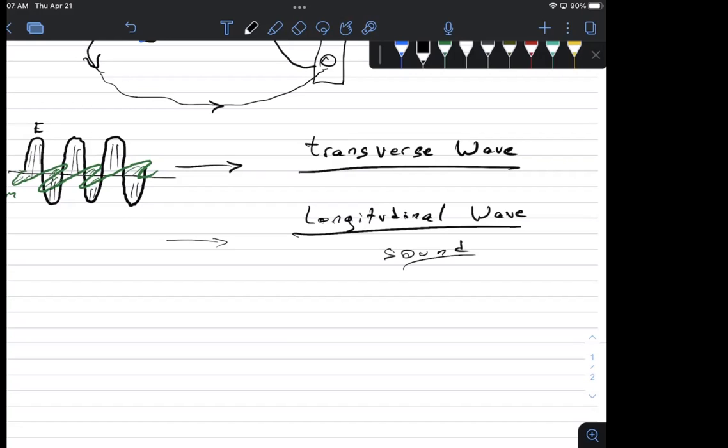Also, another thing we know about light is light has color, right? When we look around, we see some things are red, some are blue, some are yellow, some are white. They're all light. They're all the same substance, this electromagnetic wave, but something about it makes it different colors.